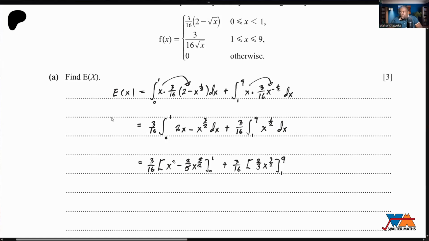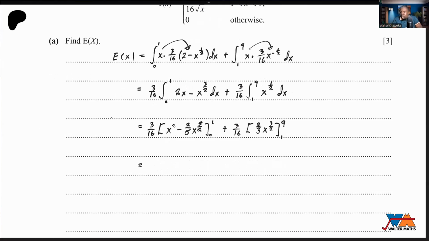Now we can substitute 1 into the bracket. We have 3 over 16 of 1 minus 2/5, and substituting 0 gives us 0, so that's just 3/5, since 1 minus 2/5 is 3/5.